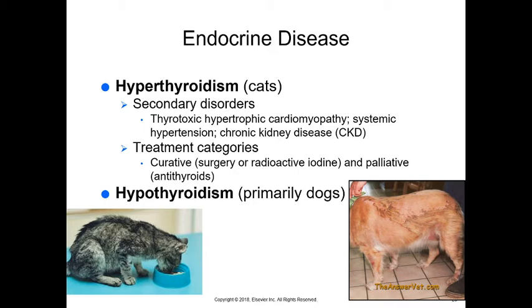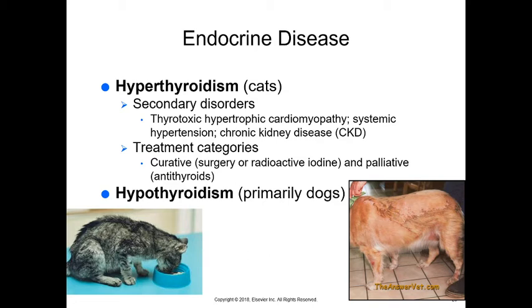We'll see a lot of problems with cardiomyopathy, systemic hypertension. And then, and this doesn't happen because of hyperthyroidism, but often along with hyperthyroidism, we see chronic kidney disease. And the problem is that because the metabolism is increased and the blood flow is increased with cats with hyperthyroidism, it actually masks chronic kidney disease.